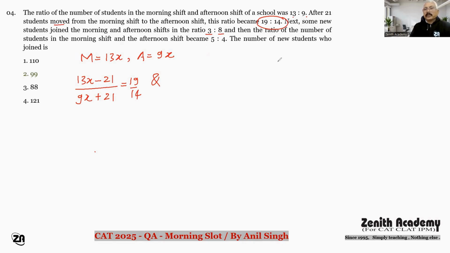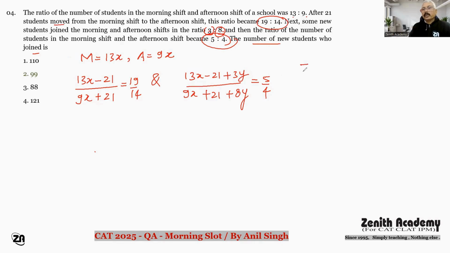And next, some new students join the morning and afternoon shift in the ratio 3:8. So suppose the coming students in the morning session are 3y and 8y. So it is 13x minus 21 plus 3y, and here it is 9x plus 21 plus 8y. And after this the ratio becomes 5:4. So find the number of new students who joined. 3y and 8y are taken.